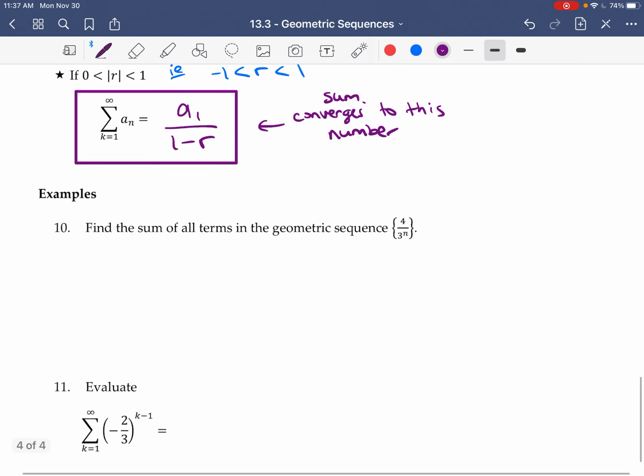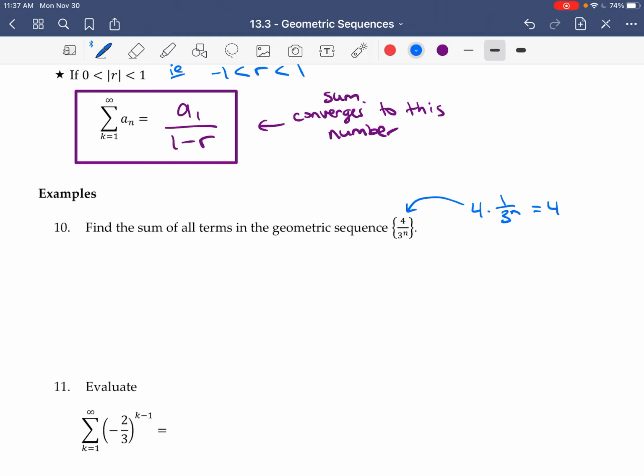I'm going to do one example and then leave the other one for you to try. So, the sum of all the terms in the geometric sequence 4 over 3 to the n. Now, 4 over 3 to the n I could write as 4 times 1 over 3 to the n.